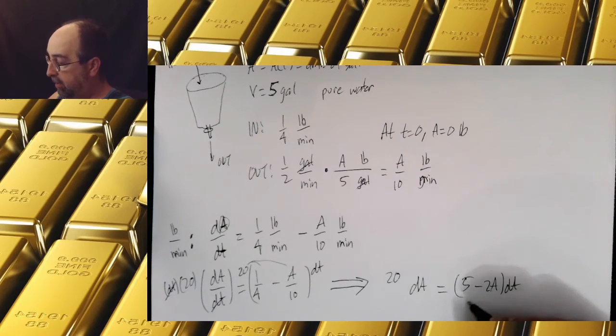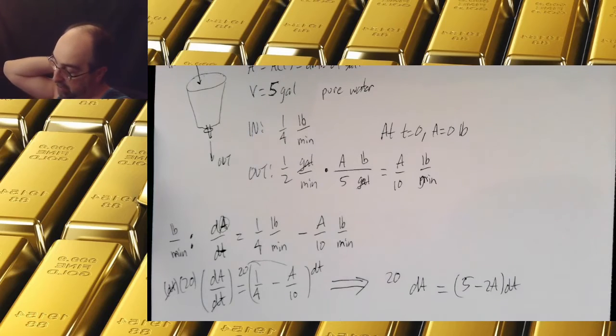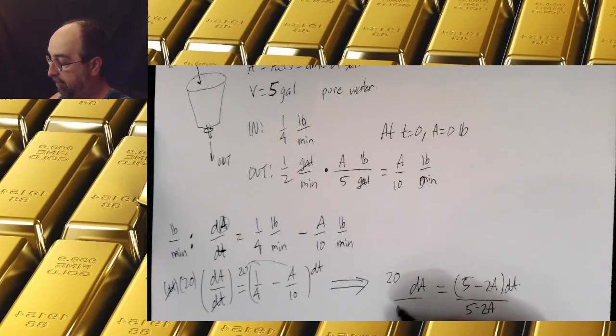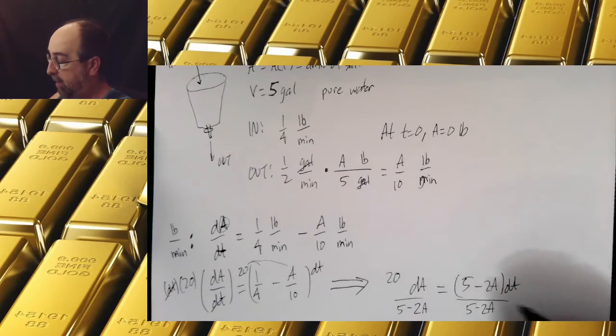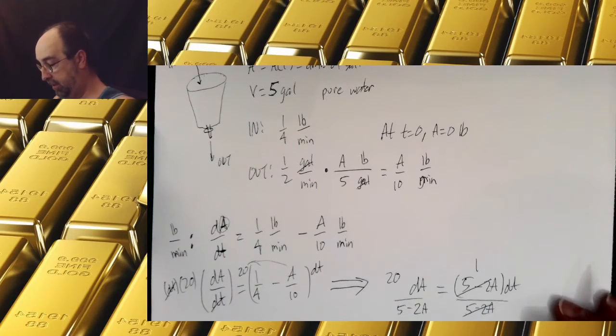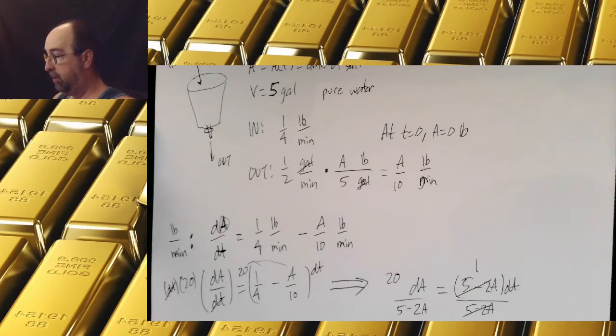At that point, you could try to get the a's over here with the dA's, and you could have division by 5 minus 2a on both sides. So what happens is these cancel and you get a 1 times dt. So we're going to have to do some integrating to solve that problem.